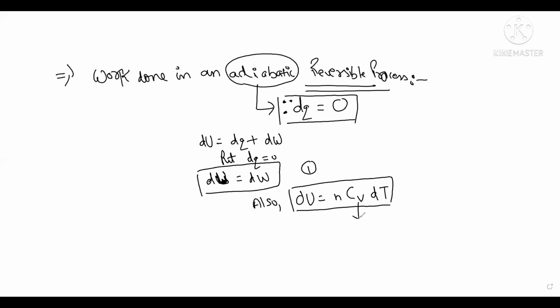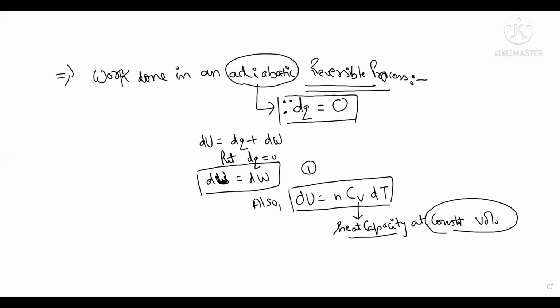What is Cv? Cv is the heat capacity at constant volume. Heat capacity is basically the amount of heat required to raise the temperature of any substance by 1 degree Celsius. At constant volume, it is denoted Cv.